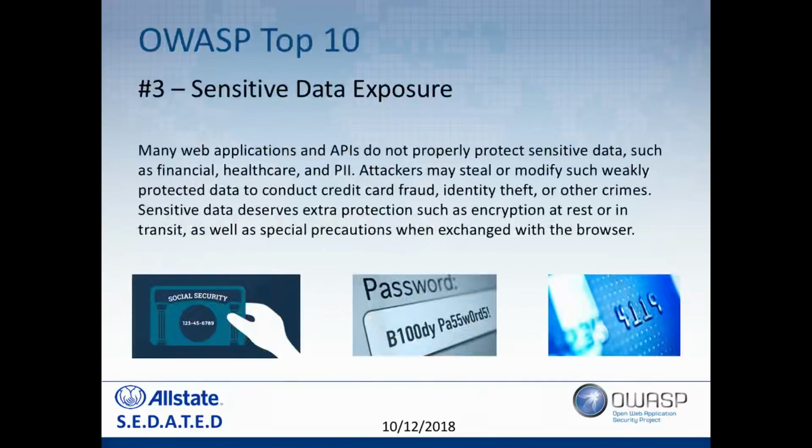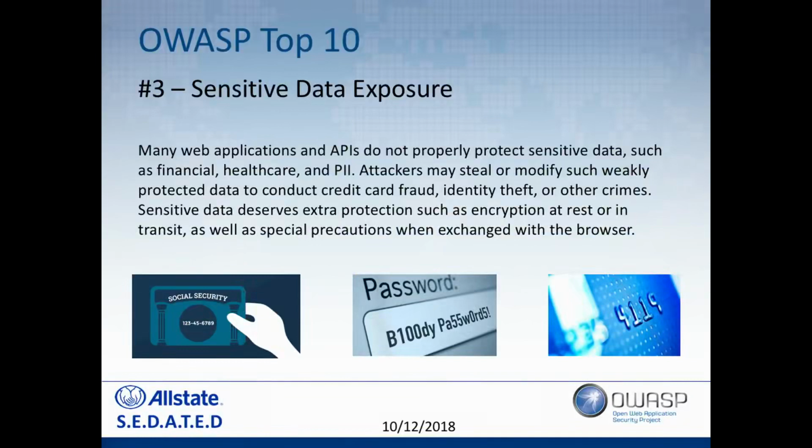Okay, so I wanted to start with OWASP Top 10. Hopefully everybody's heard of that. Number 3 in particular, sensitive data exposure. So this is when your application deals with sensitive data like PII, PHI, PCI data, or anything that you consider within your company to be sensitive data, restricted, confidential data, anything like that.